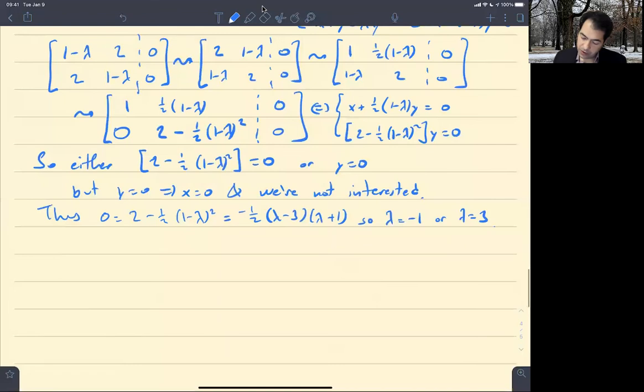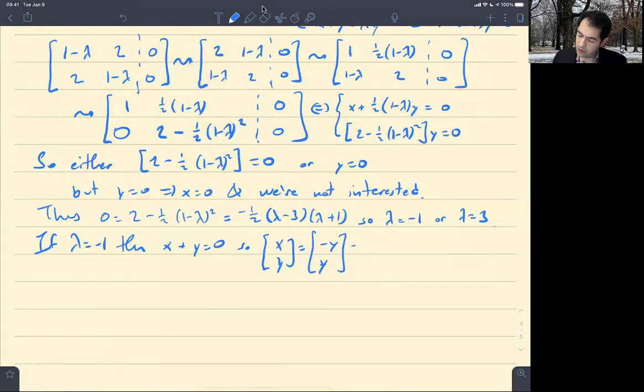Let's look at each of these in turn. So if lambda is equal to minus 1, then the first equation becomes, let's write it out, x plus 1/2, 1 minus minus 1 is 2, so that just becomes x plus y is equal to 0. So we're looking at the vectors x, y, where, say, x is equal to minus y, and y is just equal to y, so this is y times minus 1, 1.